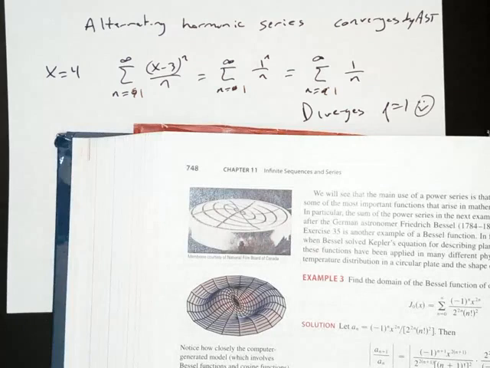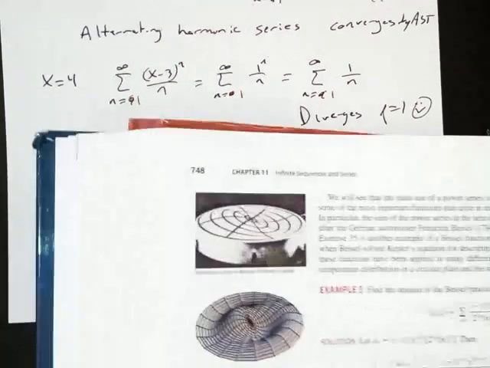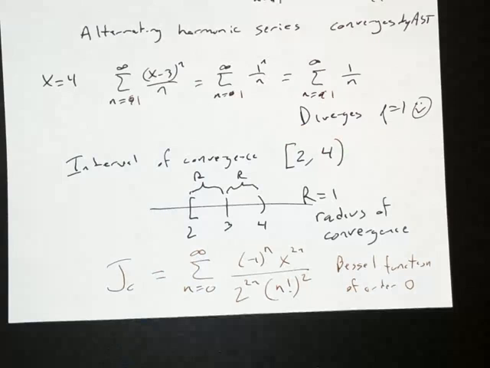At the top is a drum head with a bullseye drawn on it. Color coordinates. And at the bottom is the mathematical model for the power series I just wrote down. The vibration of that drum head is modeled by this power series.